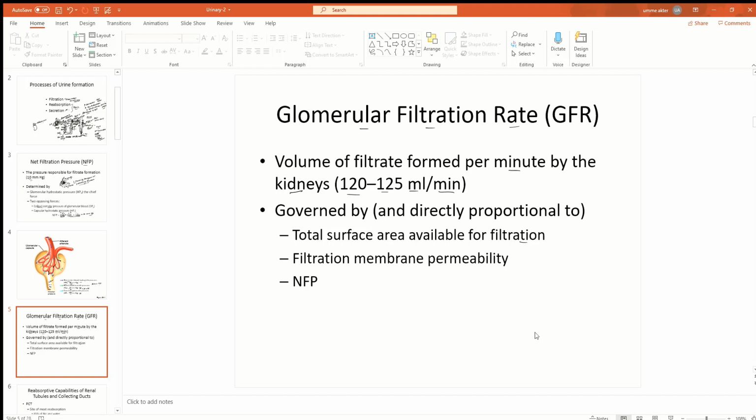So just think that this is a healthy person. So this is the glomerulus of a healthy person, pretty healthy glomerulus. Okay, and this is another person. His glomerulus is diseased, so not working properly.